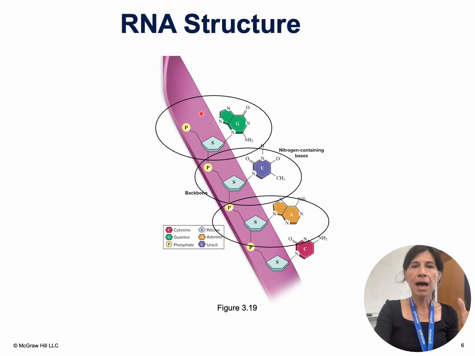So the polymer, the big molecule, right, is nucleic acid. This one is RNA. The building blocks are nucleotides, each consisting of a phosphate, a sugar, and a base. Hopefully that tied everything in.